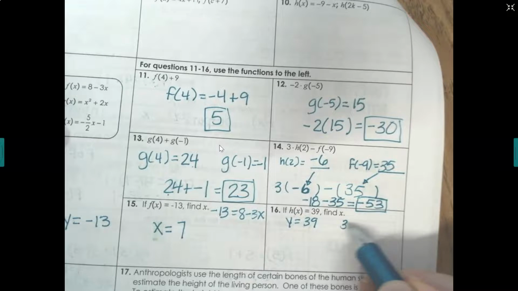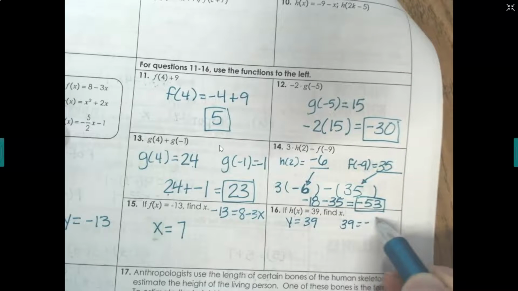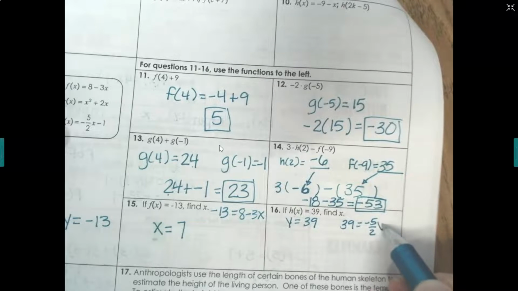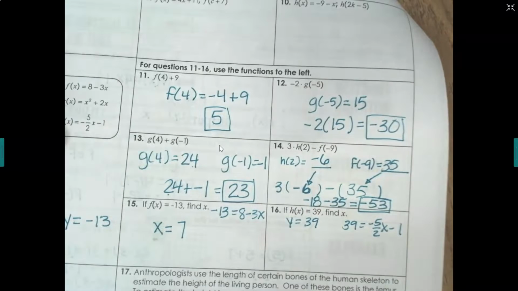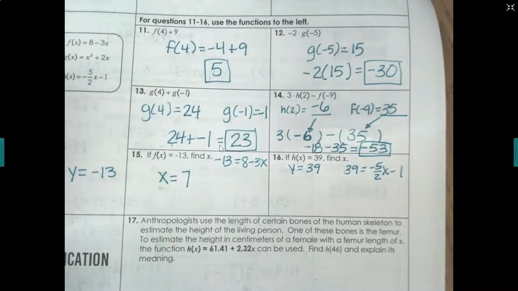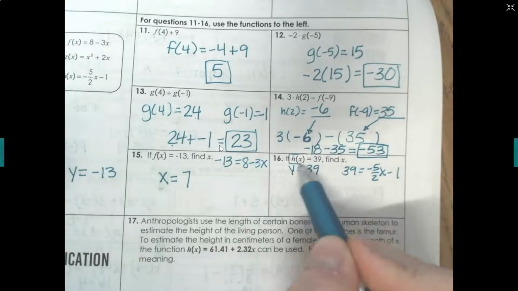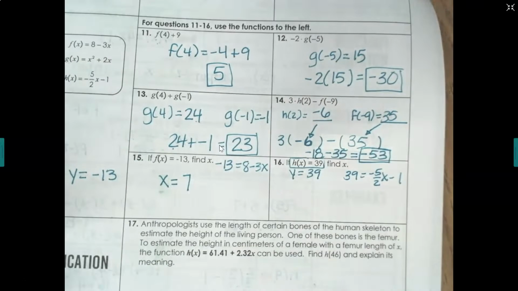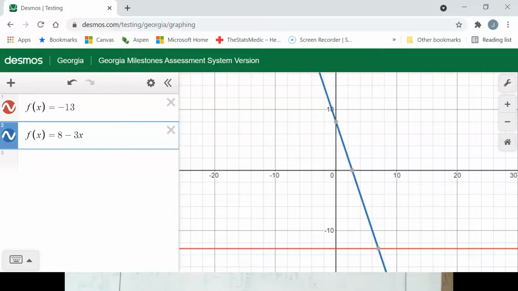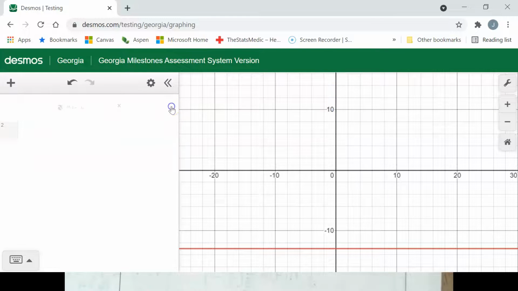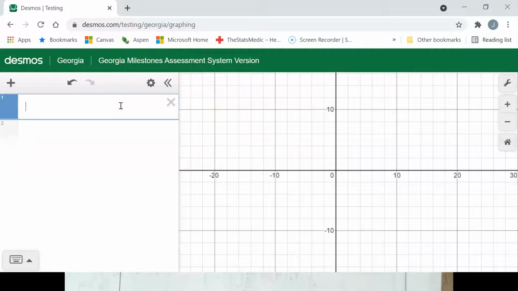So we're saying 39 equals negative 5 half x minus 1. Well, we're not doing these by hand. We can solve that by hand, but what we're doing is you're going to type this into Desmos. So let's pull up Desmos, empty out anything that's already there, and we have h of x equals 39.